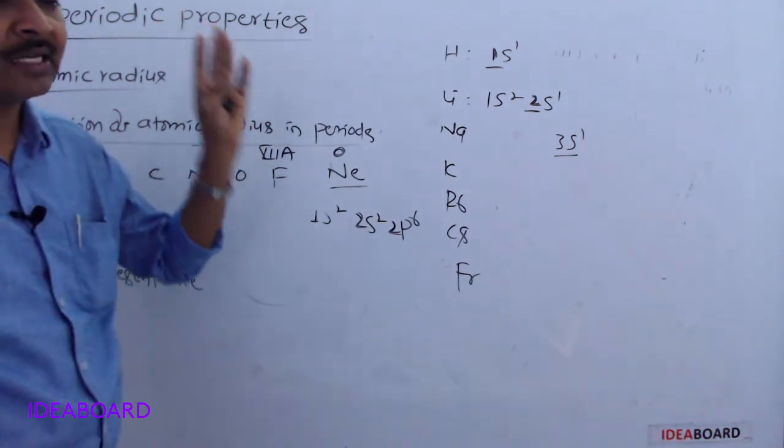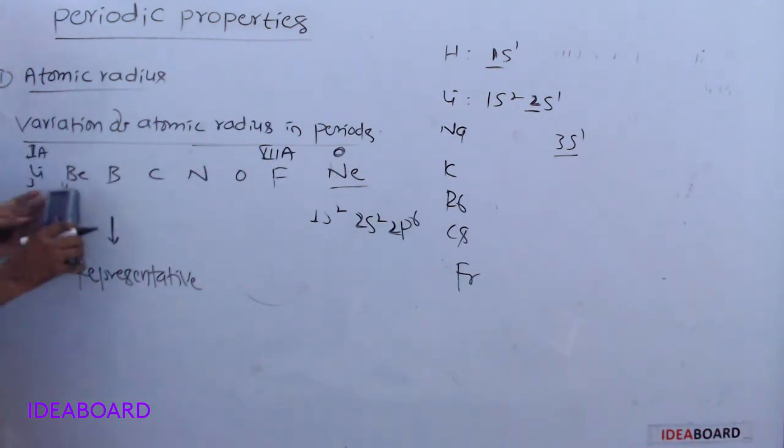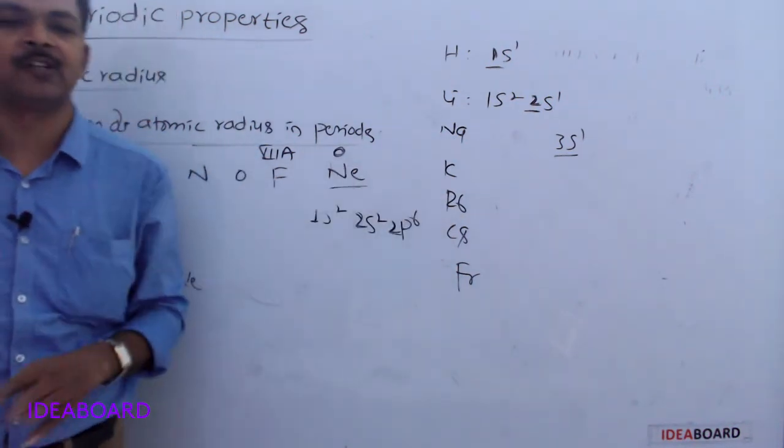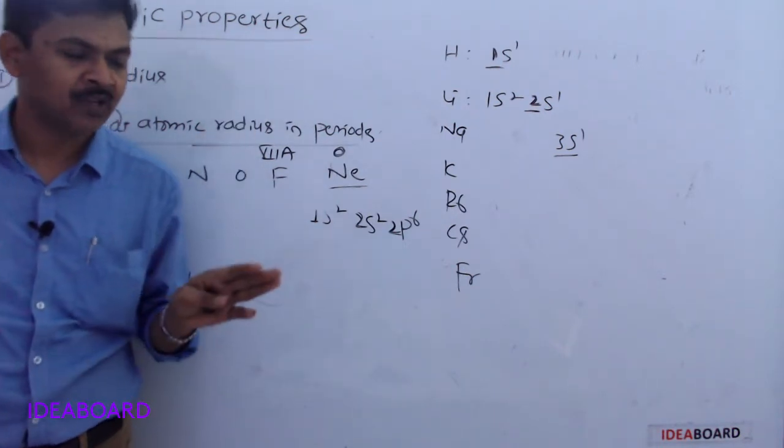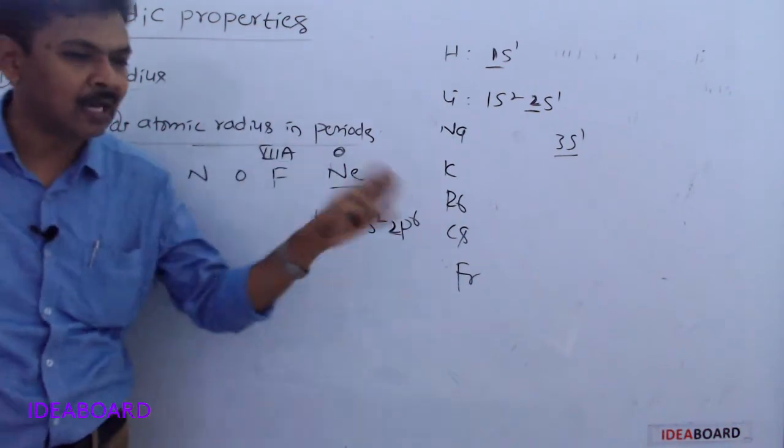So in the case of representative elements, in every period, the largest atom is the alkali metal, and the smallest atom is the halogen.